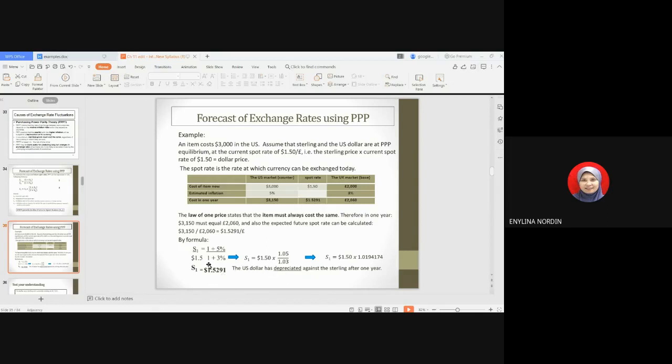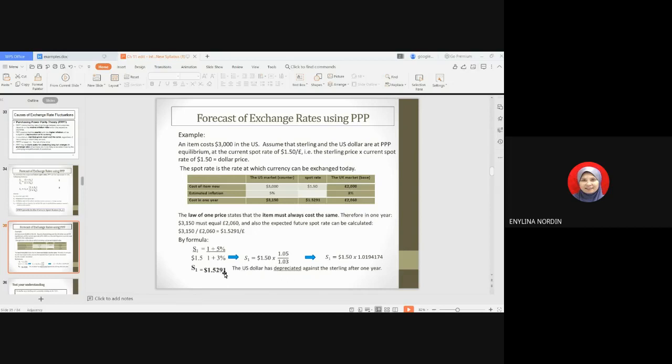It is $1.5291. So what does it mean? This is the US dollar per pound. Currently the US dollar per pound is $1.5, but now it is expected to be $1.5291 per pound.